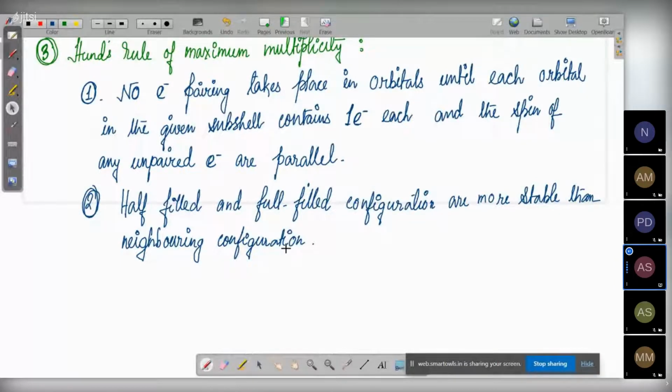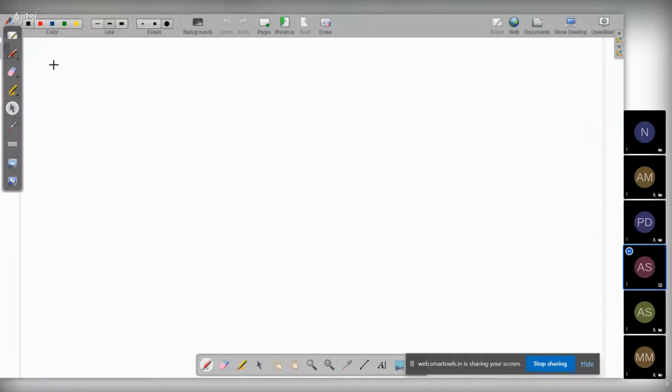So now let us write down the electronic configuration.